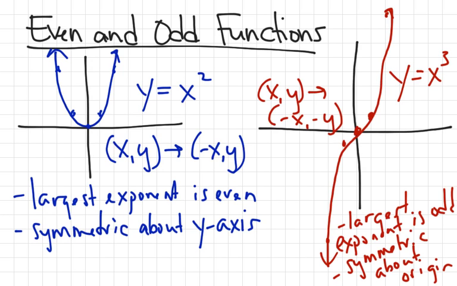And just because the largest exponent of a function is even does not mean that it is an even function. You must check to see if symmetry exists about the y-axis or the origin. A lot of times you'll just be able to tell by looking at the graph, but sometimes you'll need to check the table to see if these conditions hold true.